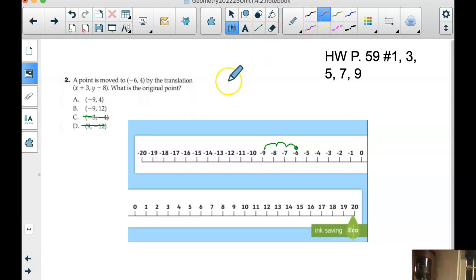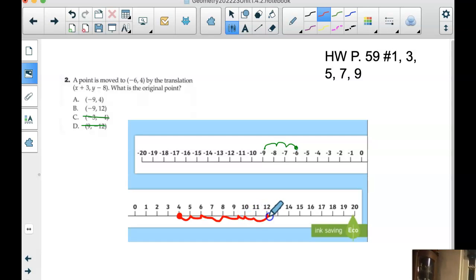Now let's find the other piece and change color. So we subtracted 8 from something and got to +4. So I'm going to draw a line at +4. And we got here by subtracting 8. So to see where we started, let's do the opposite. Let's add 8. I'm going to take 8 hops. 1, 2, 3, 4, 5, 6, 7, 8.